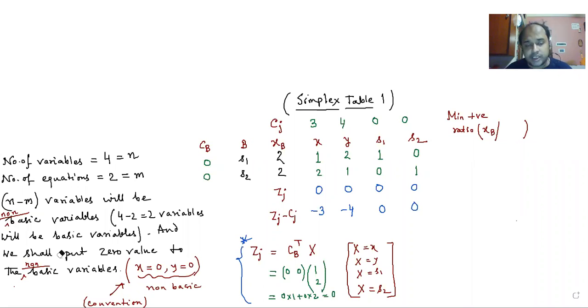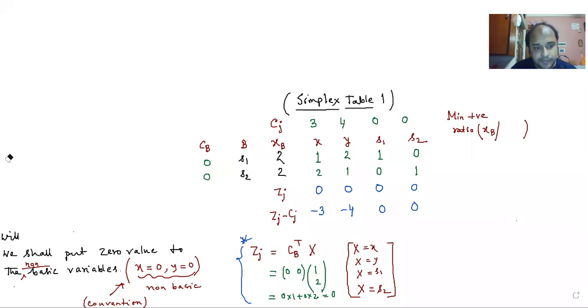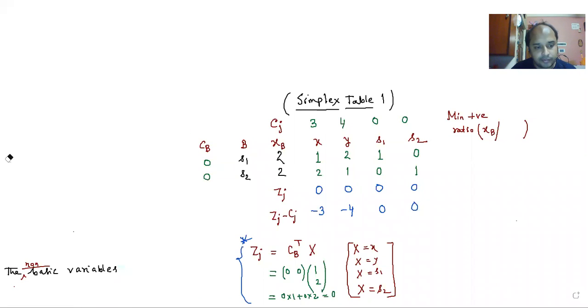So if you have not copied, or if you have any objection, you can raise your hand. Otherwise, I'm going to delete this portion also. I shall just keep the simplex table here in this particular page. So I'm deleting this. These portions which I have deleted will not be required further. Their jobs are done. Okay. Now this is my simplex table which I have got.